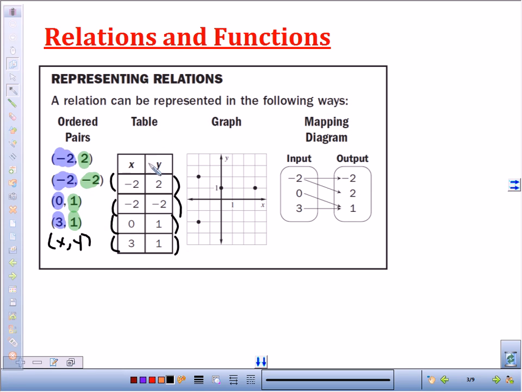Another way you can represent a relation is with a graph. Now here we have a graph of the same set of ordered pairs. Now you can see our first ordered pair is -2, 2.